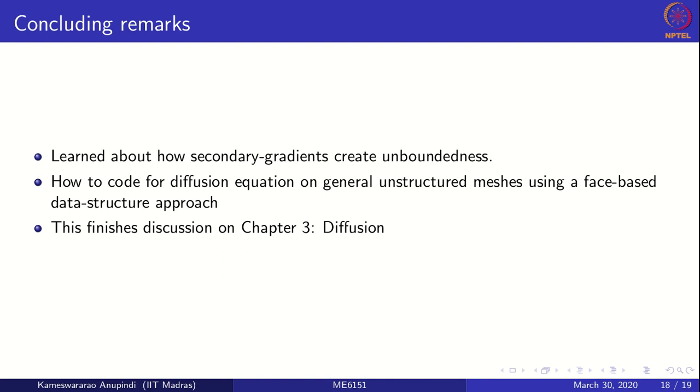All right, and this kind of finishes our chapter 3 on the diffusion equation. Okay, so we have discussed all the structured, unstructured meshes, steady, unsteady diffusion equation, and we have looked at the stability and the accuracy, all these things for the diffusion equation alone.